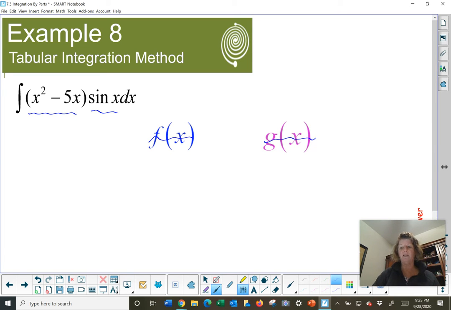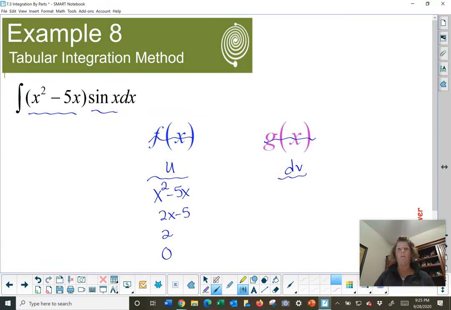When I first started teaching this, I thought more of u and dv, to be honest, because it's integration by parts. It's just the tabular method, which shortcuts it. So let's get our u down, x squared minus 5x, take its derivative, 2x minus 5, take its derivative, 2, take its derivative, 0.